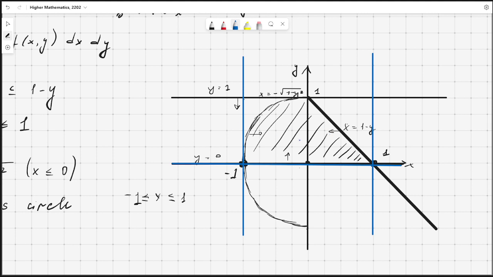In the first case, from -1 to 0, we will have from 0 to this line. And in the second case, we will have from y is 0 to this line.